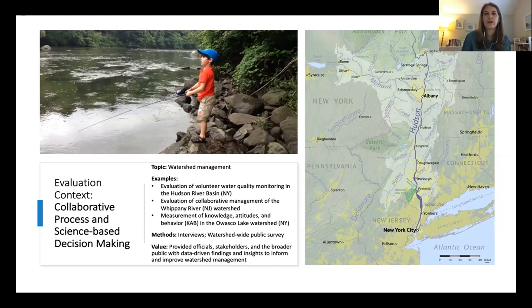And this is where I'll say that this is kind of where the line between social science research and evaluation per se can get blurry. And I would probably argue that these projects were more on the social science research side, less on the evaluative side.